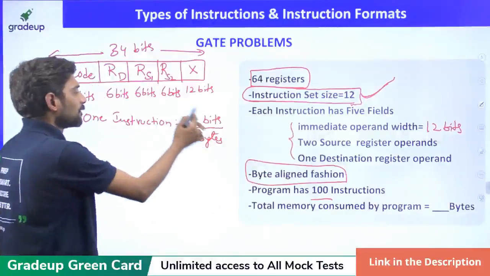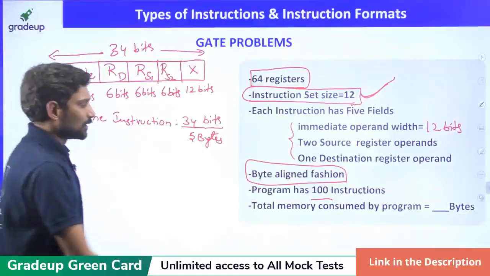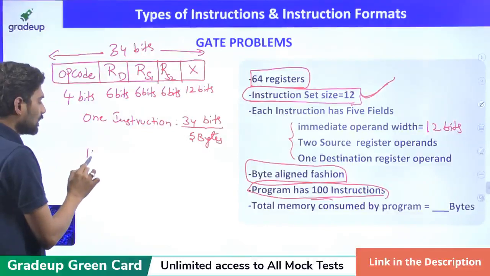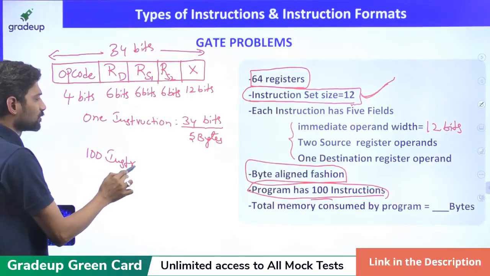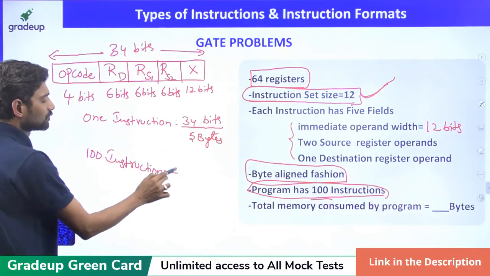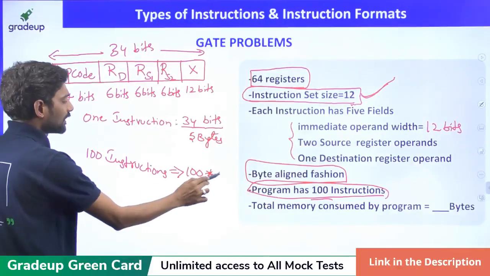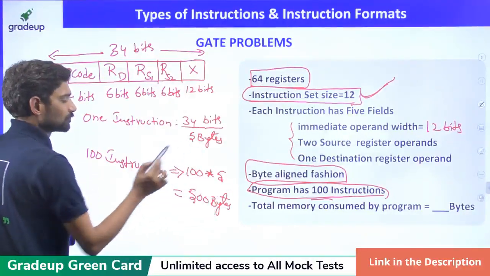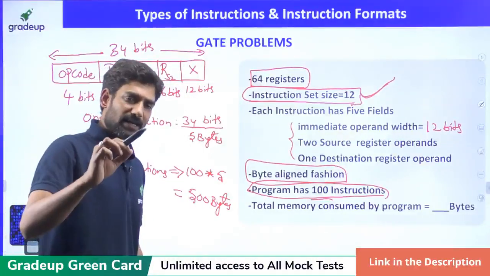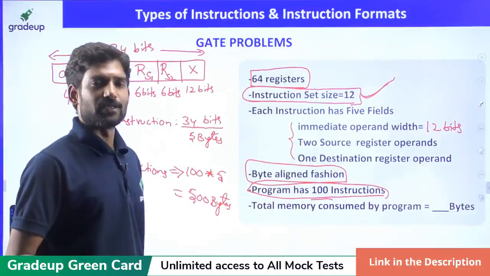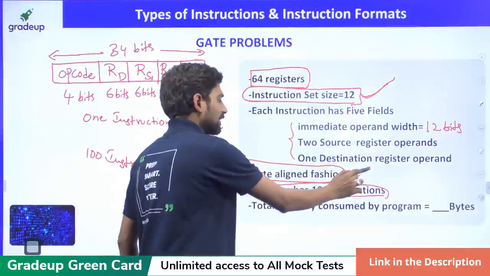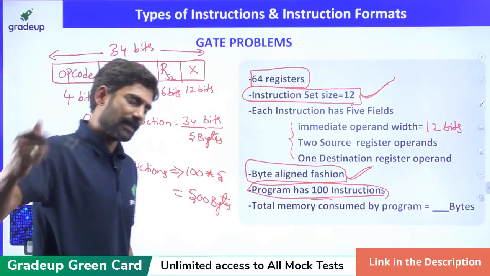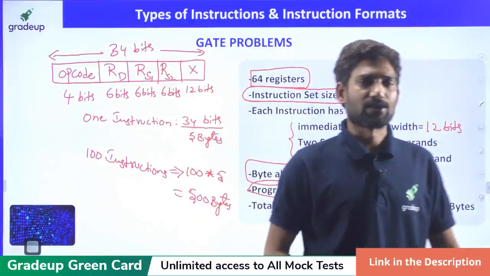So 5 bytes for every instruction. Now the program has how many instructions? 100. So 100 instructions require how much memory? 100 multiplied by 5, 500 bytes. Yes, there is a wastage, but the meaning of byte aligned is that once the byte is aligned to one instruction, it is always inclined towards that instruction.